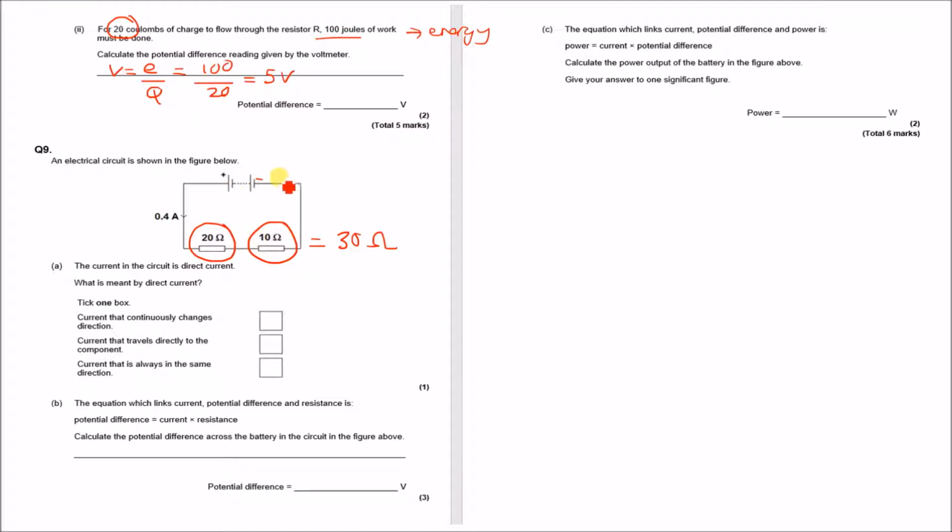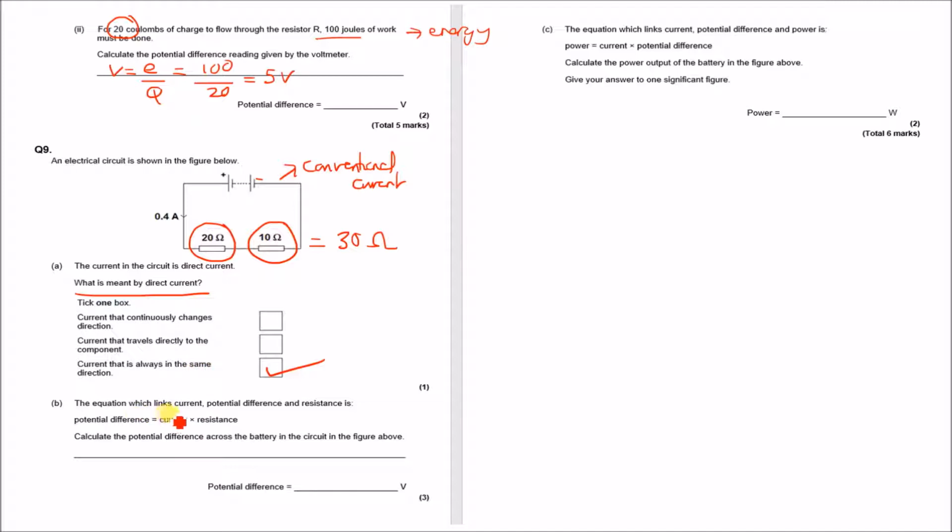Remember, this is called conventional current. So the current wouldn't actually flow this way, it would always go from the negative to the positive, but in conventional current it's the opposite way round. So what is meant by direct current?